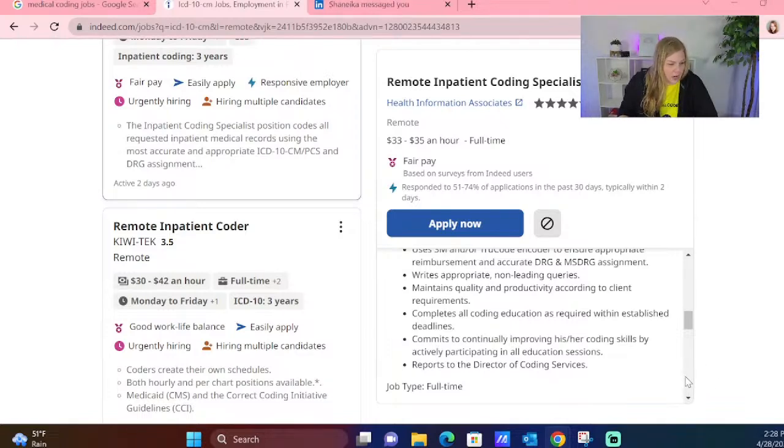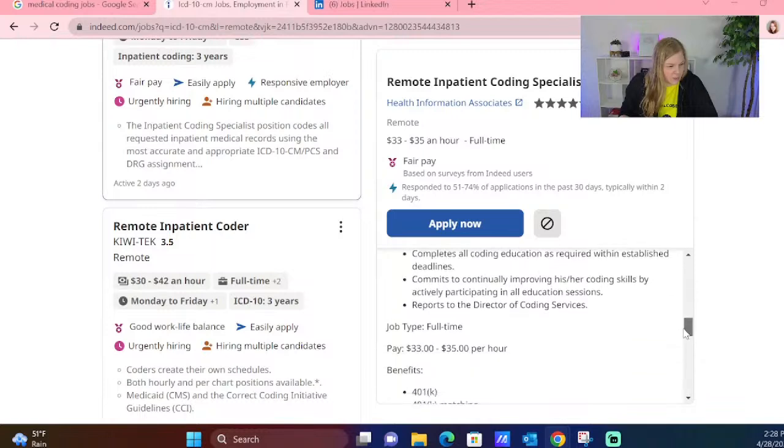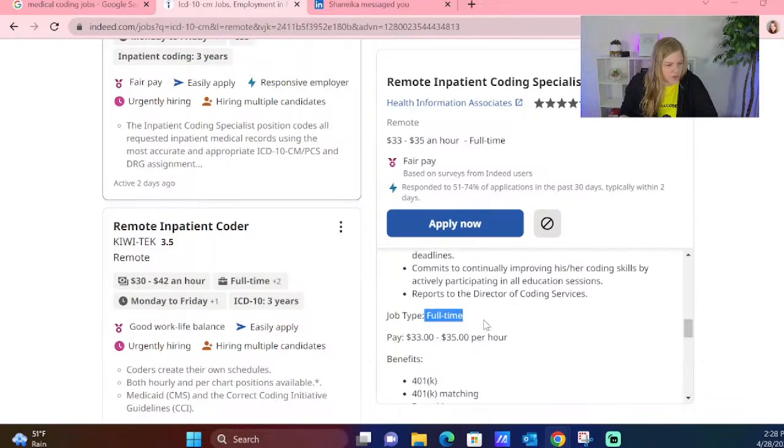Complete all coding education as required within established deadlines, commit to continually improving their coding skills, and then report to the director of coding. This is a full-time position, so full-time means 40 hours a week. In medical coding, we don't always find a lot of super part-time hours, which is frustrating, because so many people say, Victoria, my daughter's wedding is coming up, I want some extra money for vacation for the summer, but I only want to work like 8 hours, like an extra Saturday.